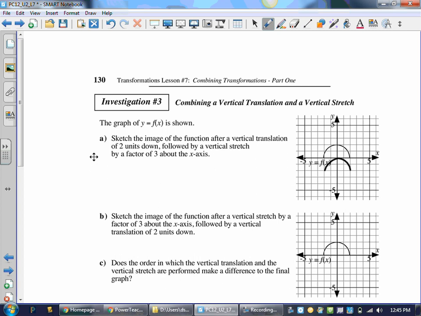So this 0 times 3 is still 0, so this stays there. But this negative 2 times 3 is negative 6, and it's still negative 6 on both sides. So now we get this picture.